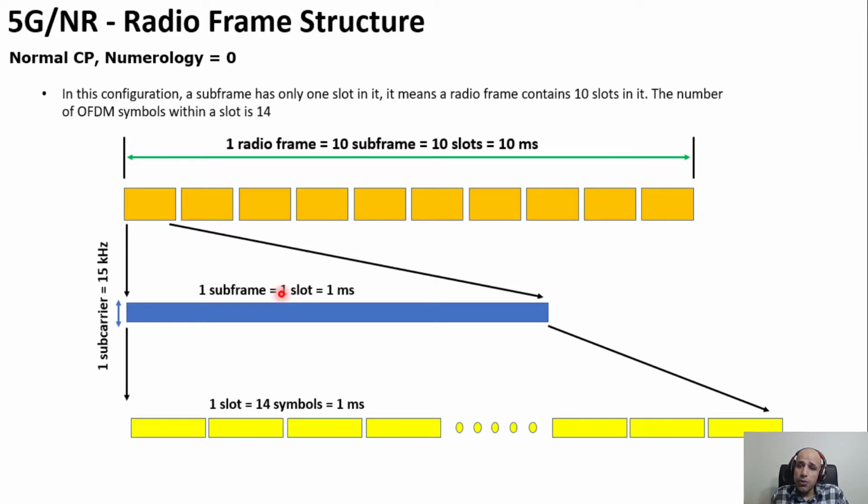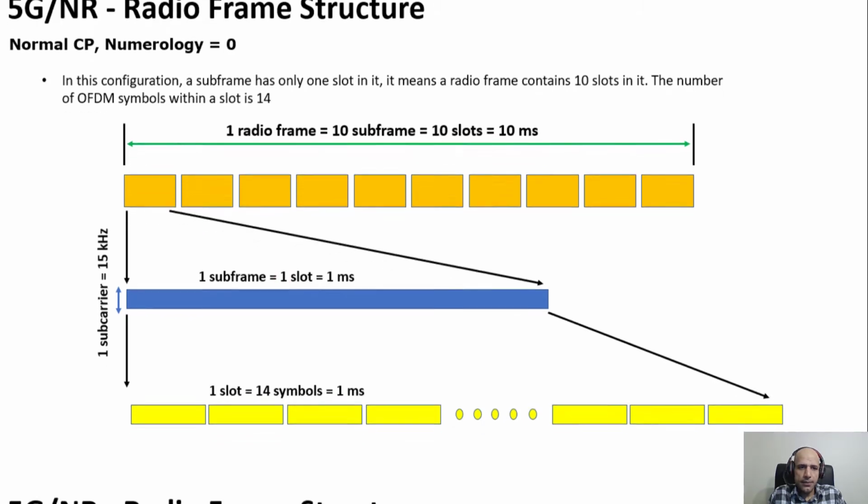The answer is to put a different number of slots within one subframe. There is another varying parameter, the number of symbols within a slot. However, it does not change with the numerology; it only changes with the slot configuration type. For slot configuration 0, the number of symbols for a slot is always 14, and for configuration 1, it is always 7.